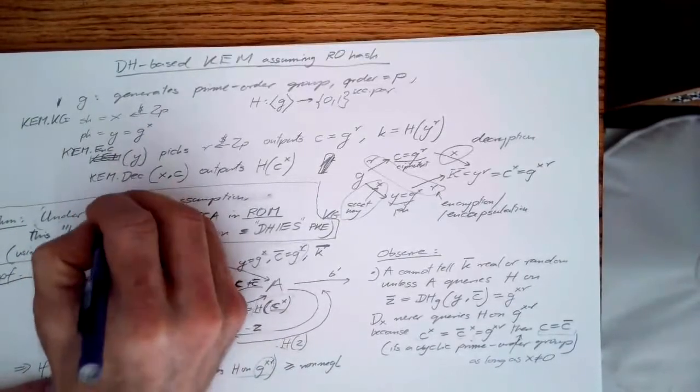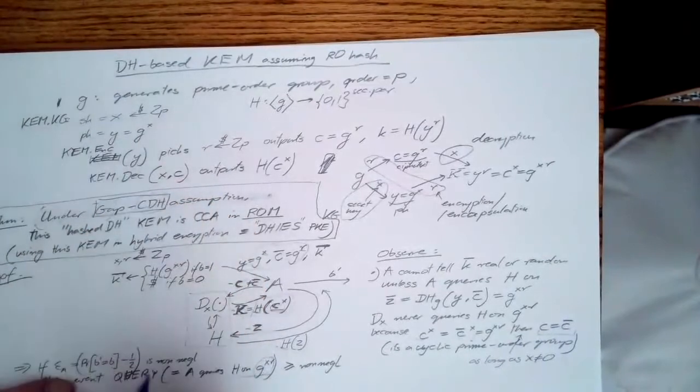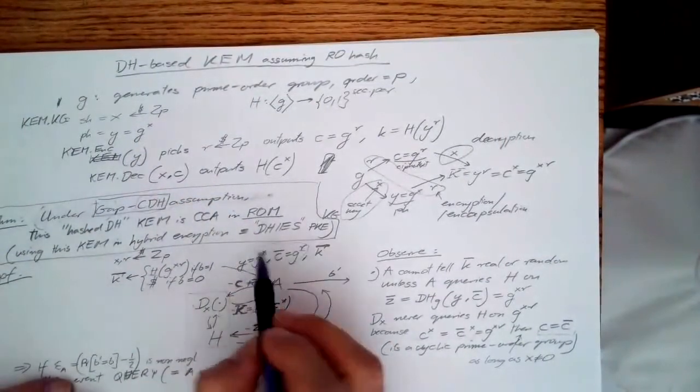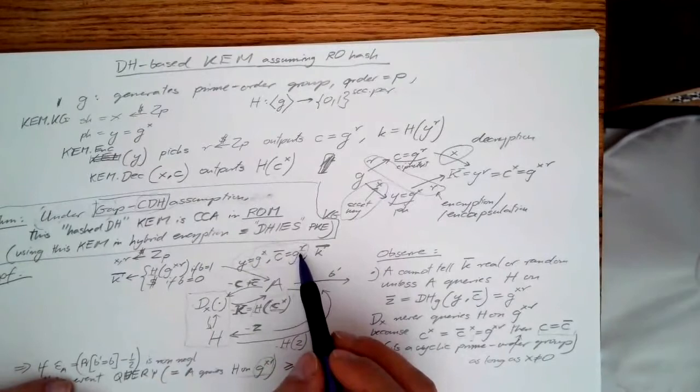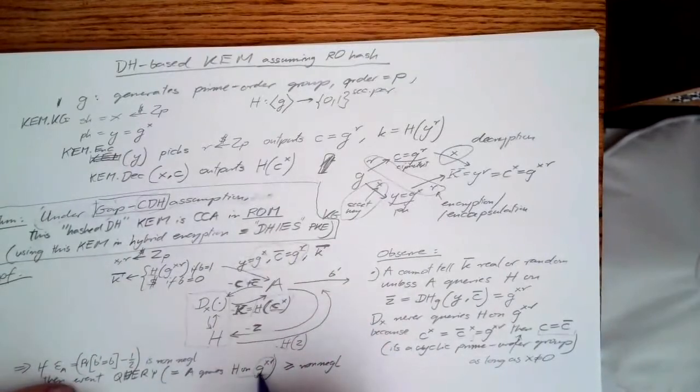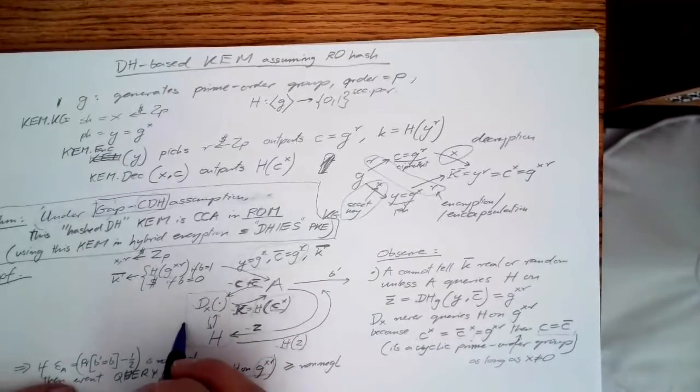And that's exactly this Gap-CDH assumption. It's an assumption that the Diffie-Hellman problem, namely having g to the x and g to the r as inputs, it is hard to compute g to the xr, remains hard even if you had an oracle which identifies proper Diffie-Hellman input and output pairs. Because this reduction would just need to have access to such an oracle to survive.